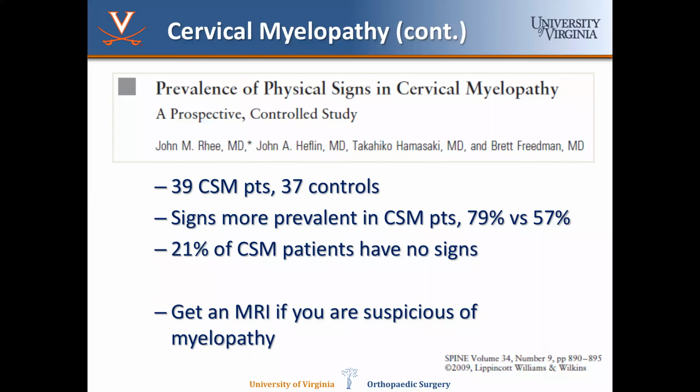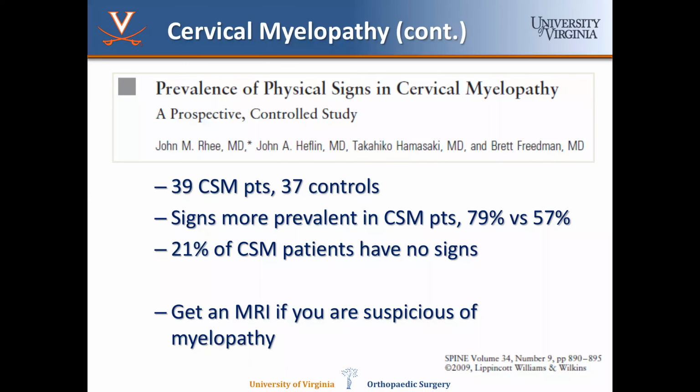That was crazy. So this is cervical myelopathy, just looking at physical exam signs. What this says is not all people with myelopathy have common signs, so Hoffman's, clonus, and not everyone with signs have myelopathy. So it's really challenging to just say, be vigilant.